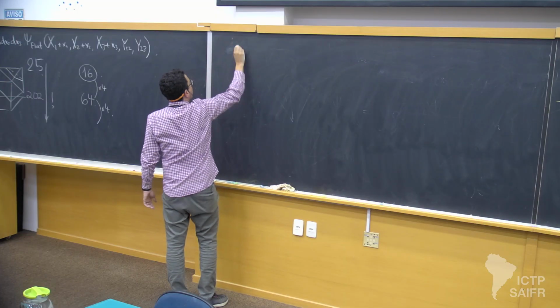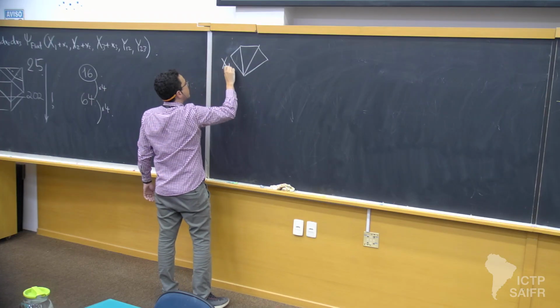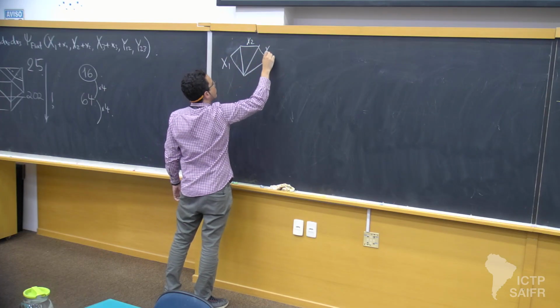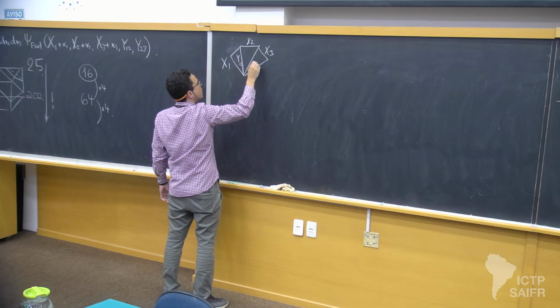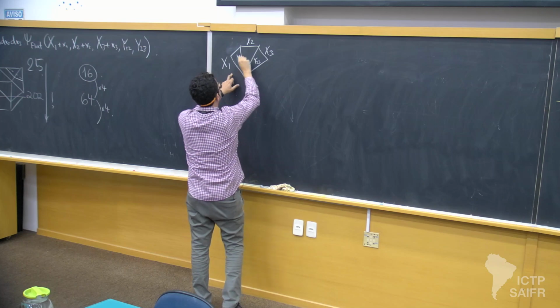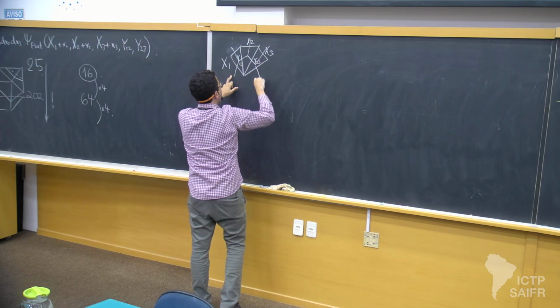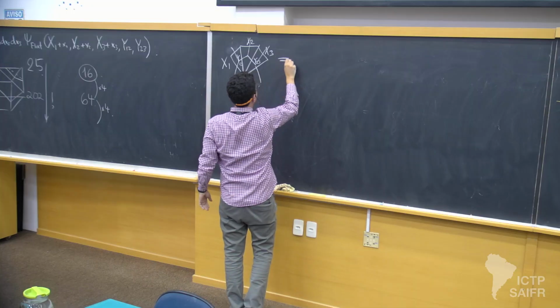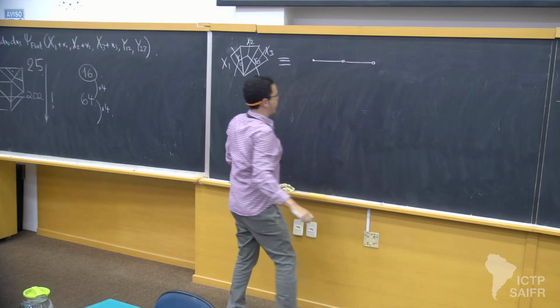So the double exchange is like this. There's x1, x2, x3, y12, y23. And here, because there's only 2 propagators connecting them, it's easier to exchange this by just the 2 propagators.